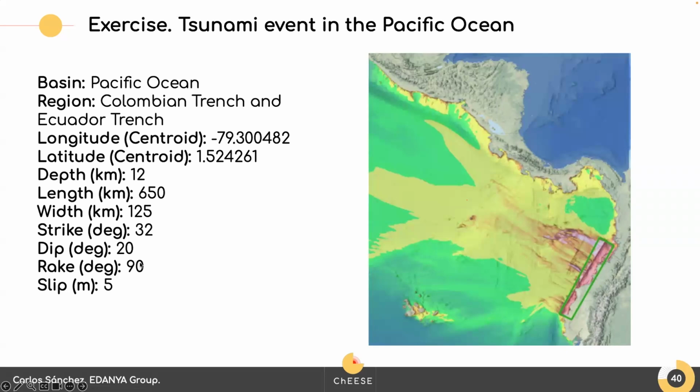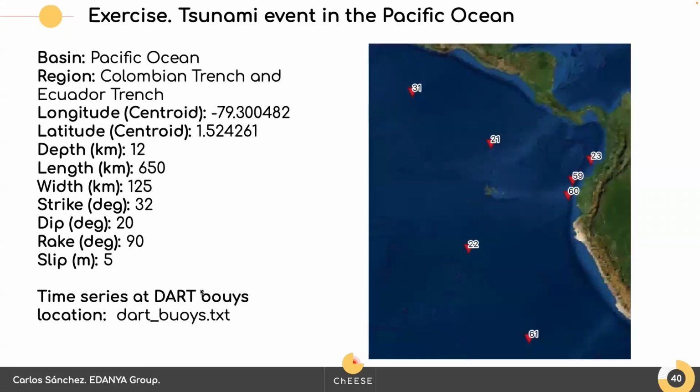If you do the same as I did before, you should obtain a result like this for the maximum height. And if you want to analyze the time series for this DART buoy, I will provide the data in order to reproduce this exercise.